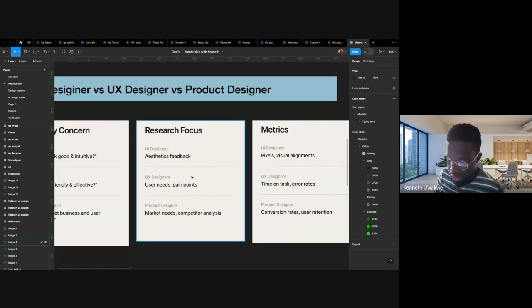So let's assume a user is making use of an application. For instance, there's this app that is actually popular. If you're in Nigeria, you should know about this. It's a web app called, what's this app called again? I can't remember the name.